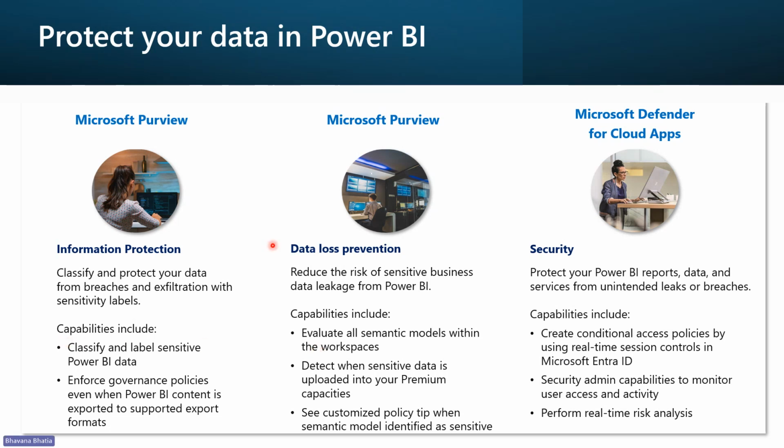We also have Microsoft Purview's data loss prevention capabilities that reduce the risk of sensitive business data leakage from Power BI. And then we have Microsoft's security features that facilitate monitoring the access to Power BI and conducting real-time risk analysis of user activities within Power BI. I'm going to talk about each of these capabilities in detail in today's session.